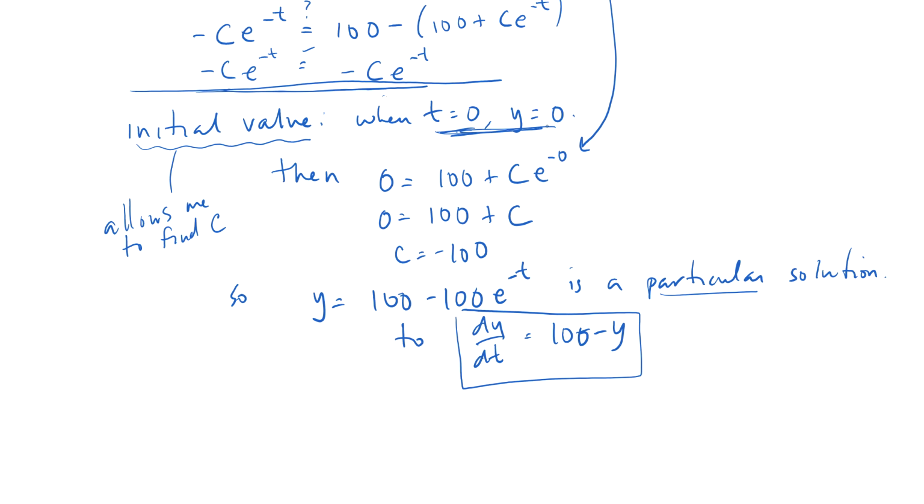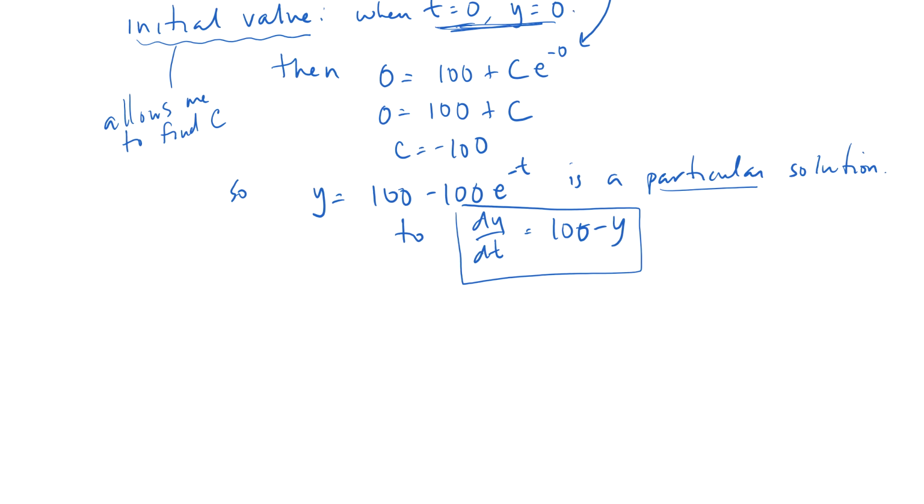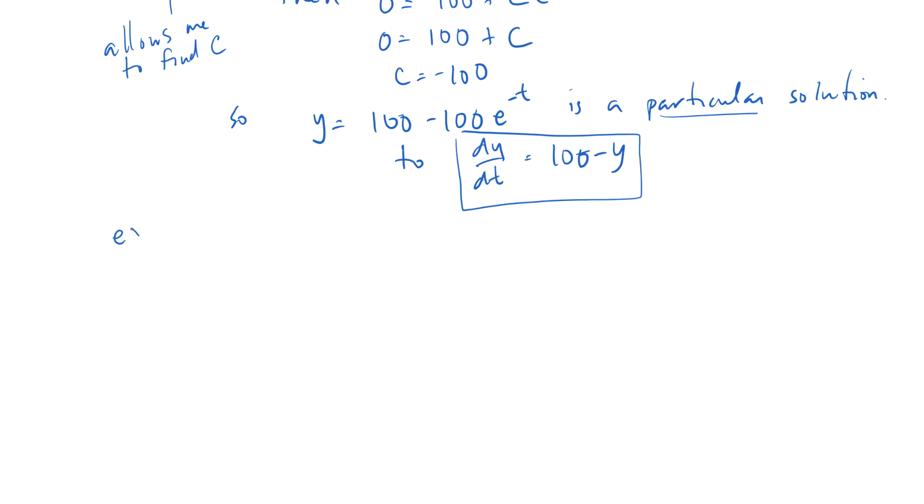Okay, so let's look at another example. We know that if I have the position function f of t, that if this is position at time t, then I know if I take the derivative ds dt, I get f prime of t.